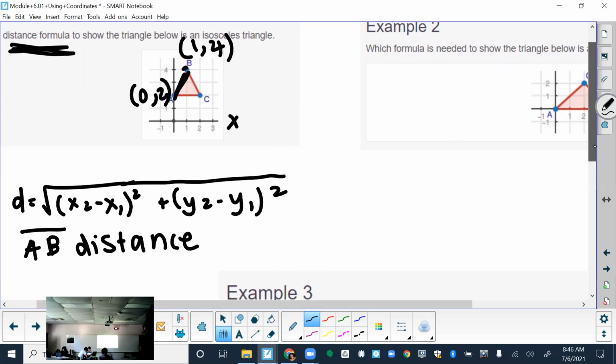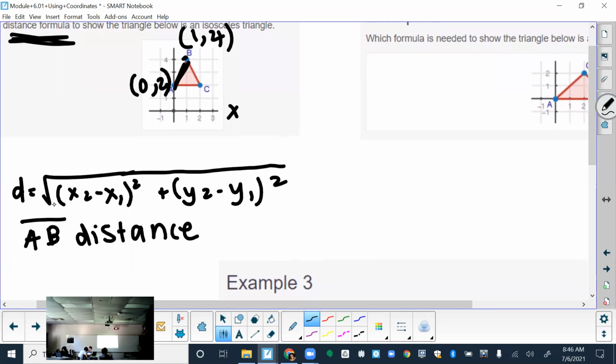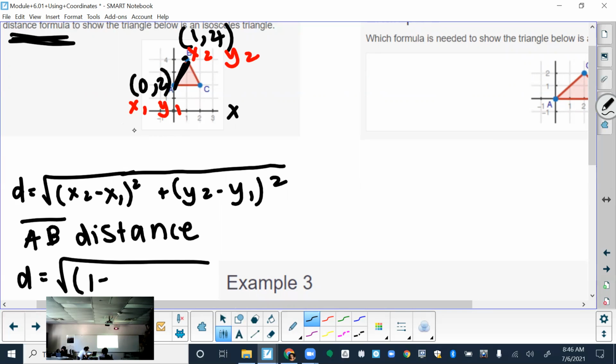Since those are my points for that one, just plug them into this formula. You can label them. You can have B as X1, Y1, or flip it if you want. I'll make the other one my X2, Y2. If I label it like this, what's my X2? 1 minus X1, which is 0.